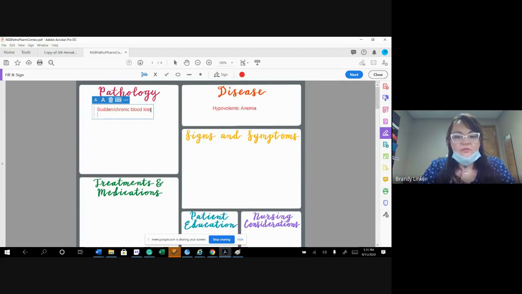Pretty frequent causes of this will be trauma. Okay, like car accidents, stuff like that. Another frequent cause is going to be a GI bleed. Okay, that's something you can't see, but your patient may vomit blood. Your patient may complain of abdominal pressure. They may complain of black tarry stools. They usually come from stomach ulcers.